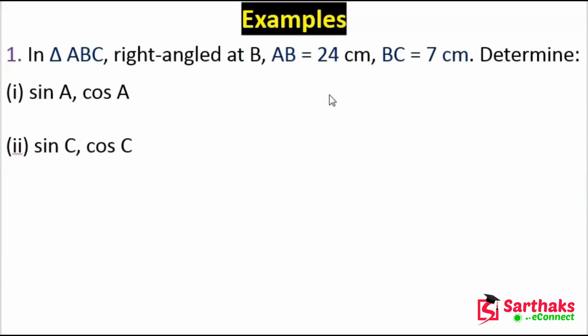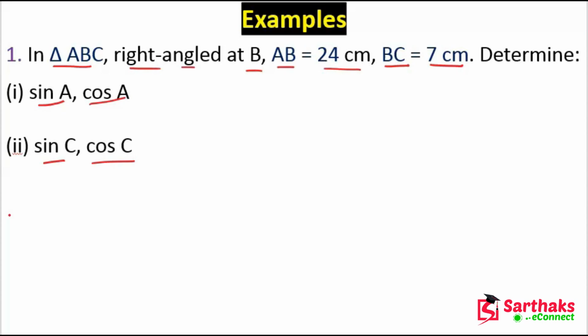So the question number 1 is, in triangle ABC, right angle at B, we have AB equal to 24 centimeter, BC equal to 7 centimeter. Now we have to determine sine A, cos A, sine C, cos C. I hope you understand. So now let's start.